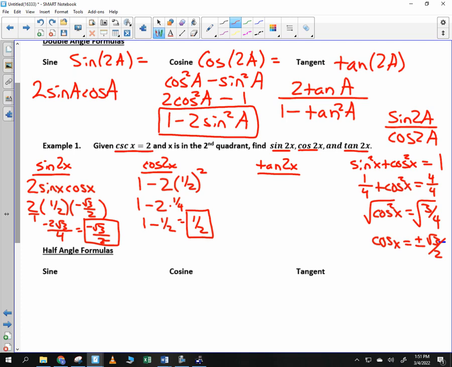It's negative root of 3 over 2. Does everybody understand the difference? Sine of x is 1/2, but sine of 2x is negative root of 3 over 2. So use negative root of 3 over 2 divided by what? Yeah, 1/2. And when we multiply by the reciprocal, we get negative root of 3.